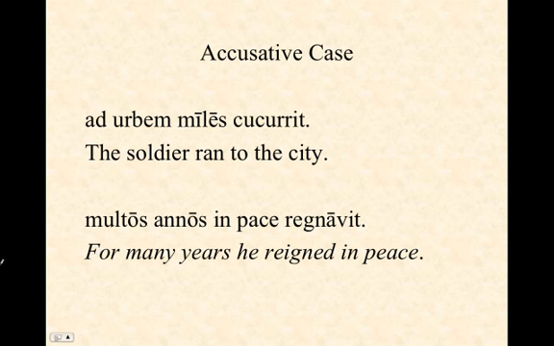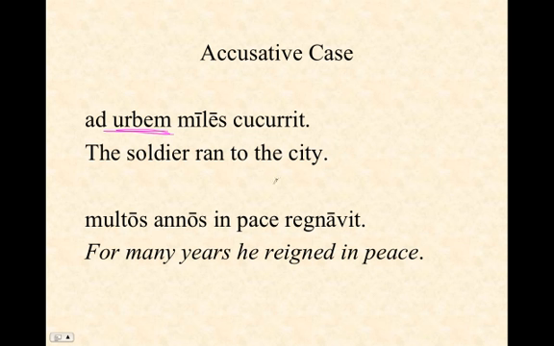There are other uses of the accusative besides direct object. You have accusative, for instance, used after certain prepositions. Ad urbem miles cucurrit. The soldier ran to the city. Ad takes accusative after it. Also, accusative can be used for time, meaning time of duration.